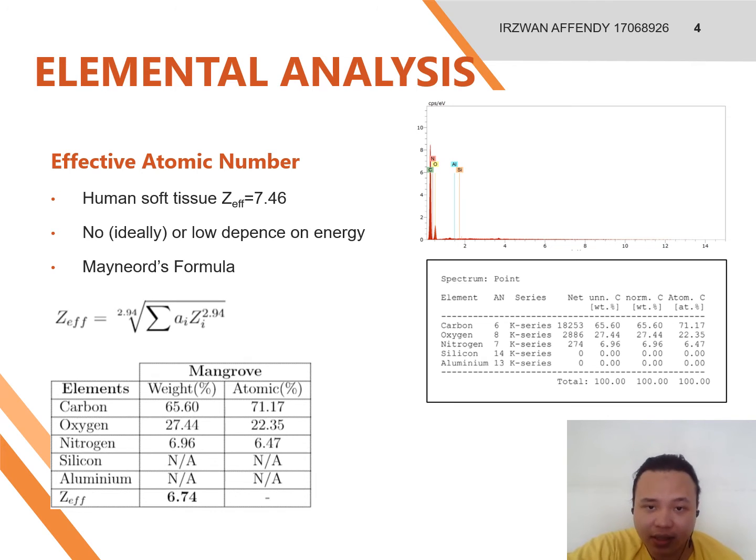Now, using the data, we can calculate ZEF using Mayneord's formula, where A is the fractional weight and Z is the atomic number of the respective elements that are present in the sample. The ZEF for mangrove was calculated to be 6.74, which is quite close to soft human tissue, considering some of the dosimeters that we use today are approximately around 6 to 6.5.